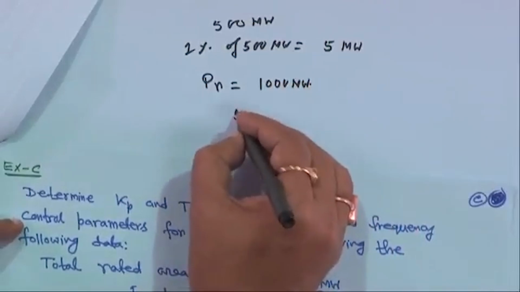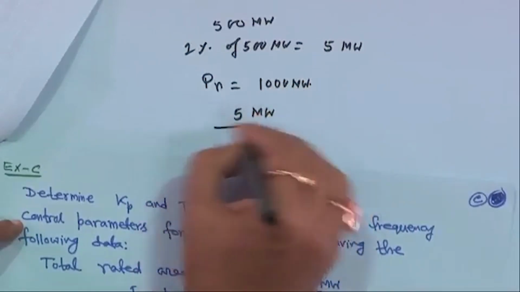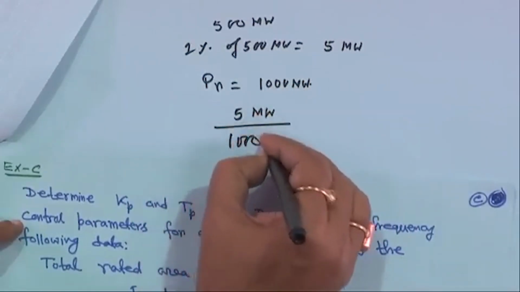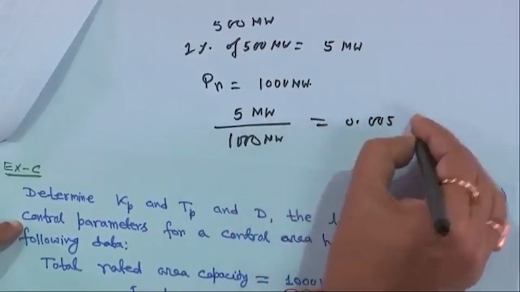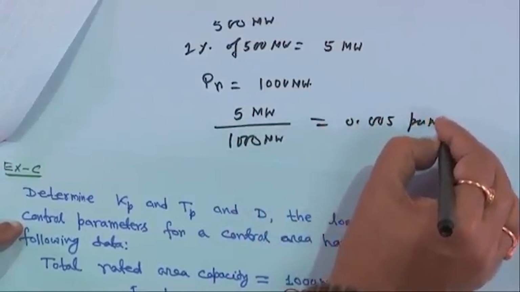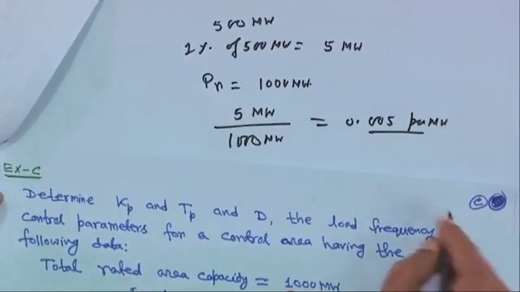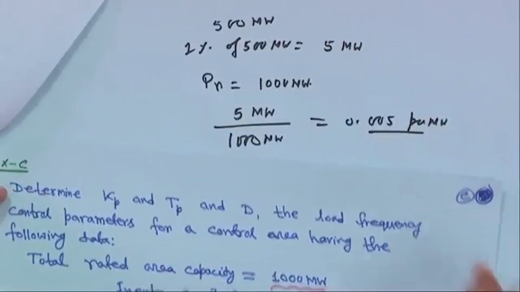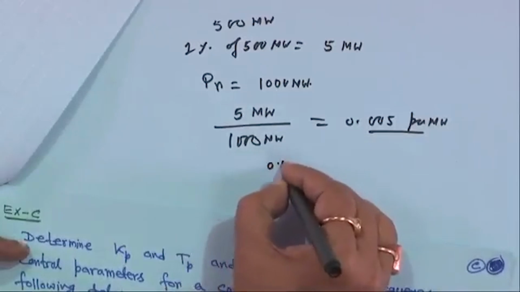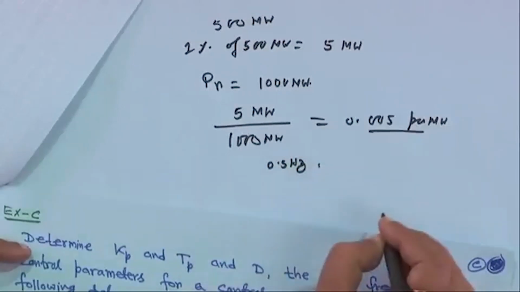Therefore this 5 megawatt, if you convert it to per unit by 1000 megawatt, will become 0.005 per unit megawatt, right? So that's why we have divided it by 1000, and the change in frequency is 0.5 hertz.